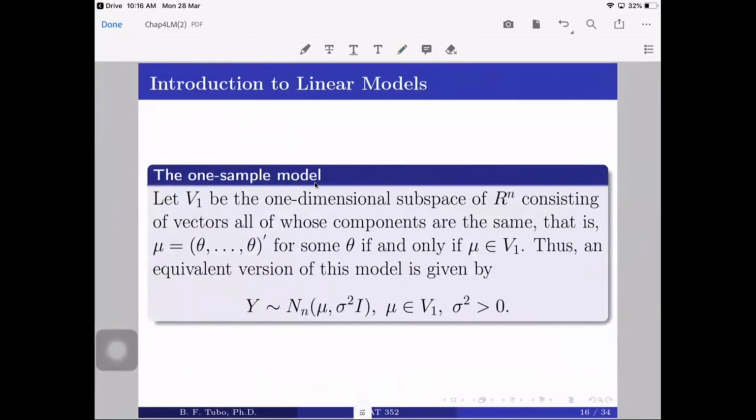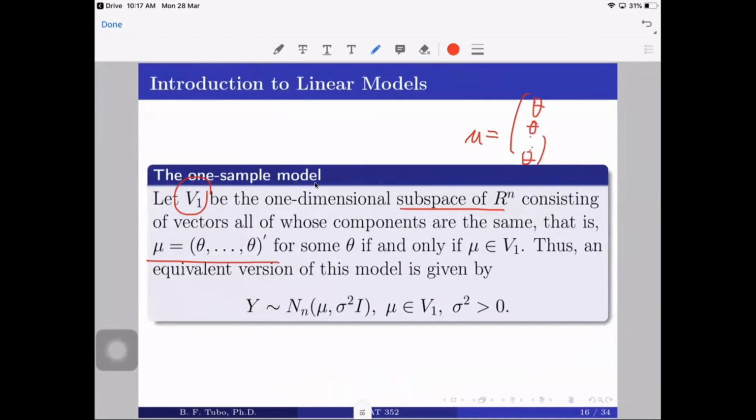So if we define a space for that, let V1 be the one-dimensional subspace of R to the N consisting of vectors all of whose components are the same. So your mean vector is just theta, theta, theta, no? That is this one. For some theta, if and only if your mean mu is in that space, the one-dimensional space. Thus, an equivalent version of this model is just equal to this.